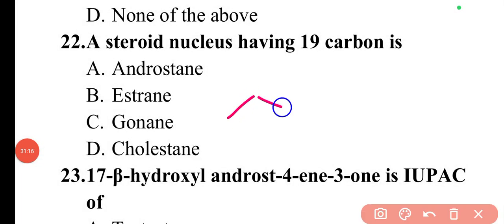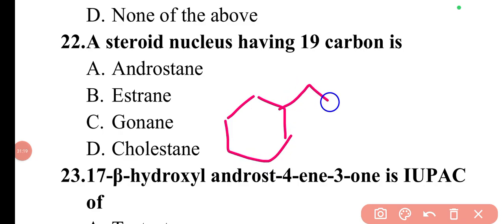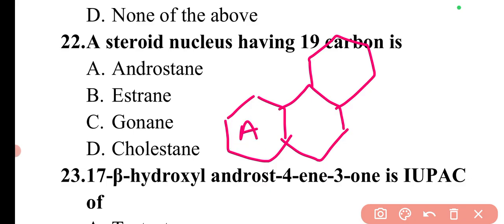The basic steroid nucleus is this. There are four rings: this is A ring, B ring, C ring, and this is a five-membered ring. So this is the basic nucleus of steroid.